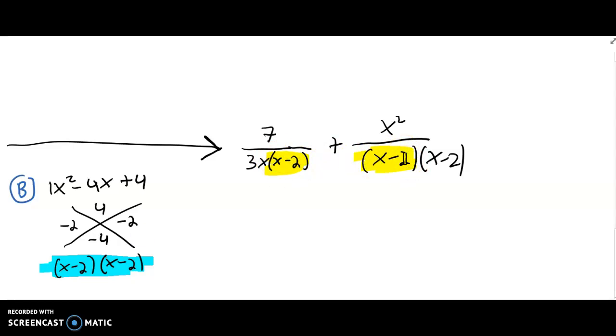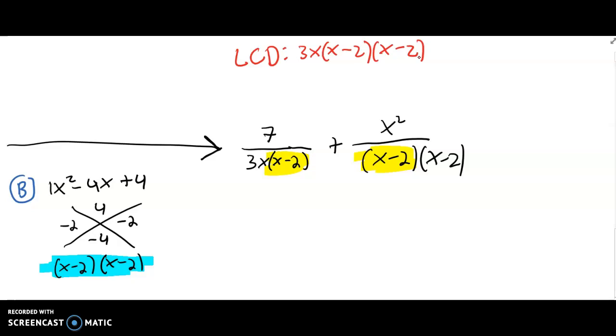This first fraction needs another x minus 2, and the second fraction needs a 3x. The least common denominator that we want is a combination of everything: 3x, x minus 2, x minus 2.